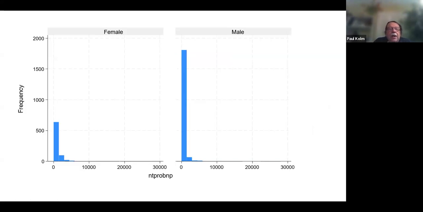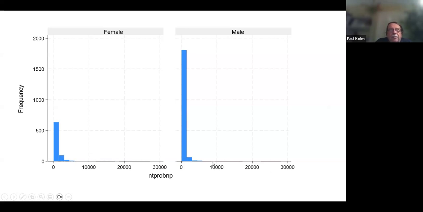Okay, and this is the distribution of BNP for males and females. You can see that it's extremely right skewed. Most of the values for both are relatively small, but we have some extreme values that approach 30,000.